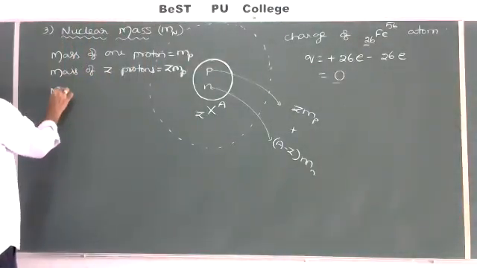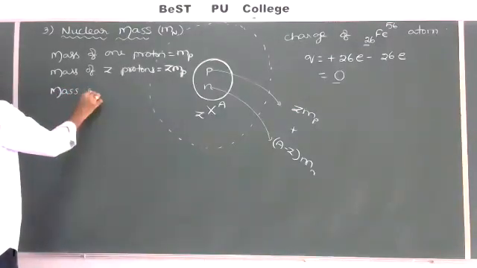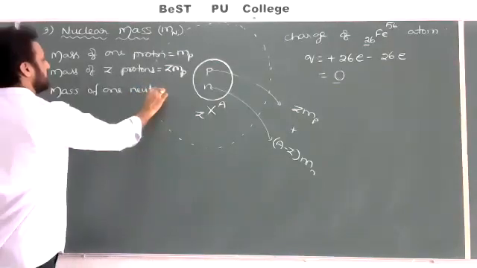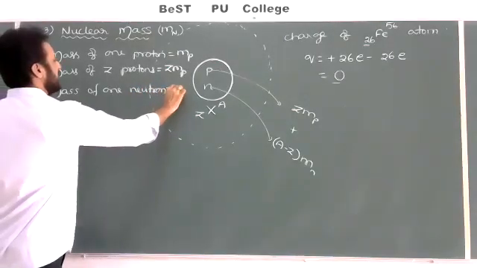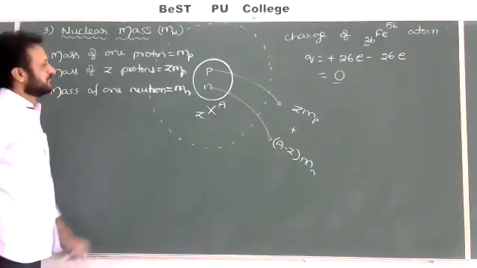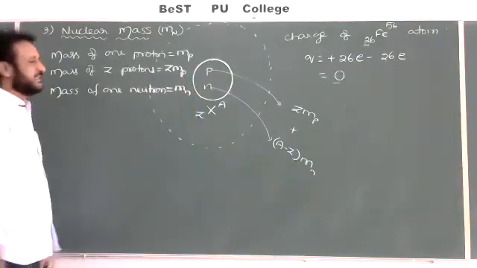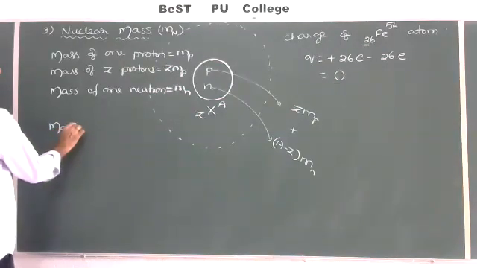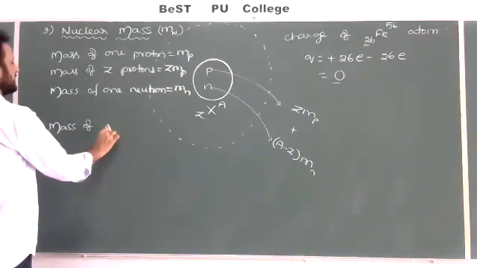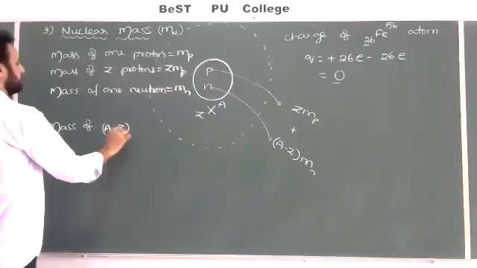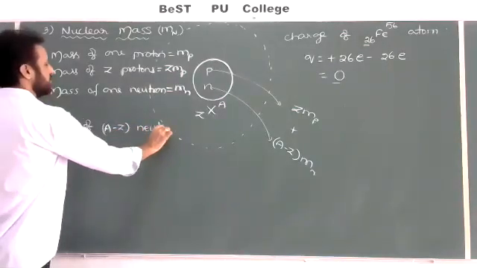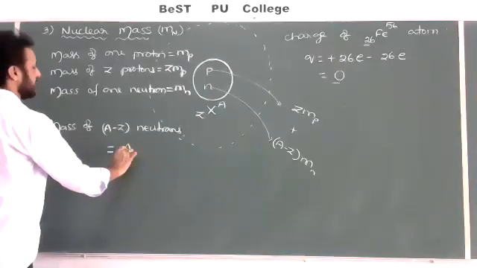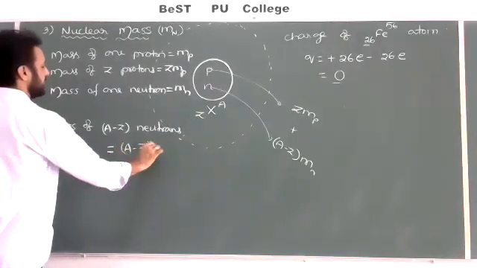Similarly, the mass of one neutron is equal to mn. Then what is the mass of A minus Z neutrons? The mass of A minus Z neutrons is equal to, you should write, A minus Z into mn.